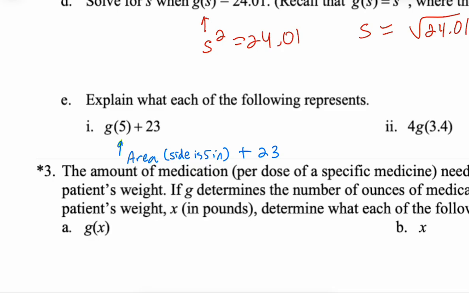What does that mean in context of real life? I don't know. Maybe we want to find the area of a square with side length 5, and we know we need to add 23 more square inches. I don't know.